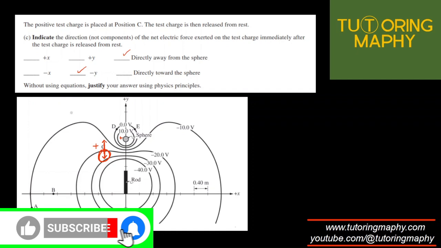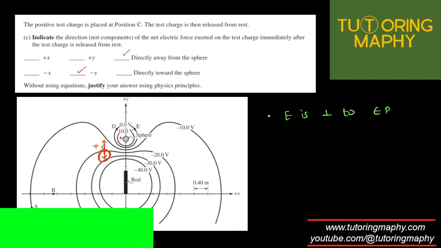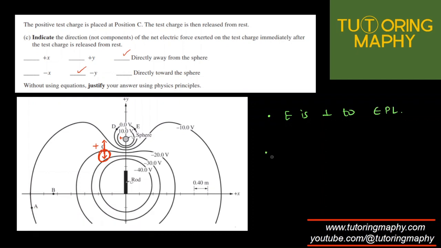That's one way to understand it, because we have to justify it as well. Another way to understand this is the first justification we have already given, that E is perpendicular to the equipotential line. The second reason for pointing downwards is that the test charge and sphere repel each other.